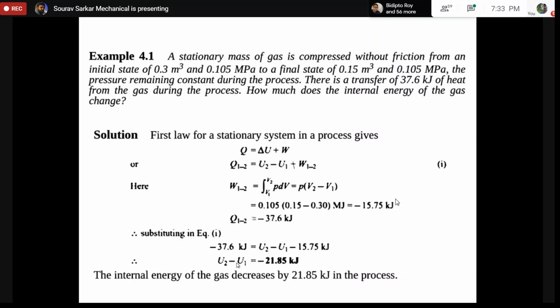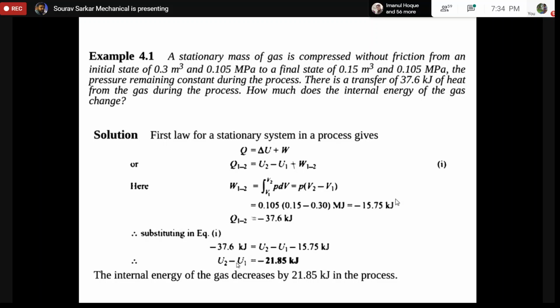So if I try to solve one problem, do you have pen and paper in front of you? If you have, you can note down the question: a stationary mass of gas is compressed without friction from an initial state of 0.3 meter cube and 0.105 megapascal to the final state of 0.15 meter cube and 0.105 megapascal.